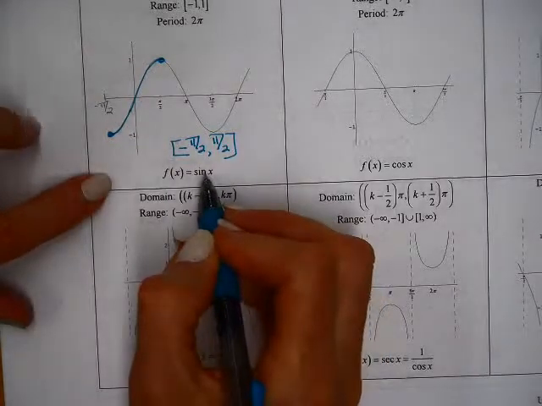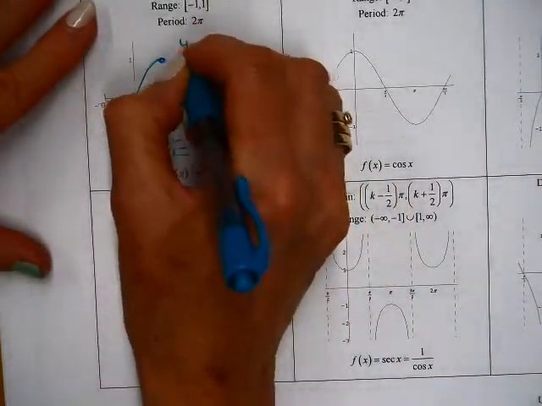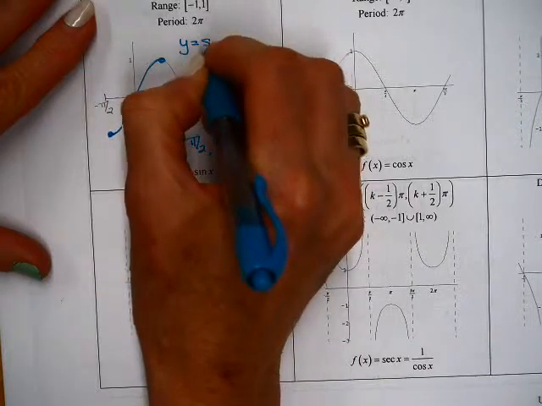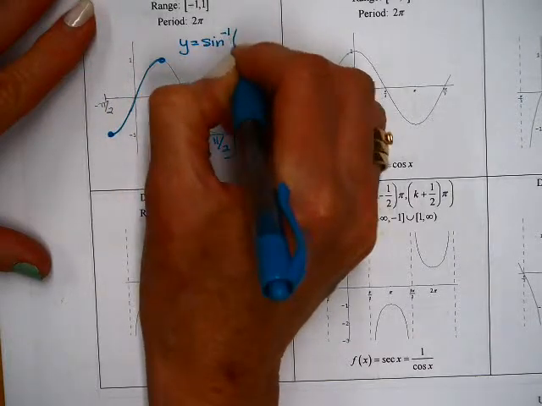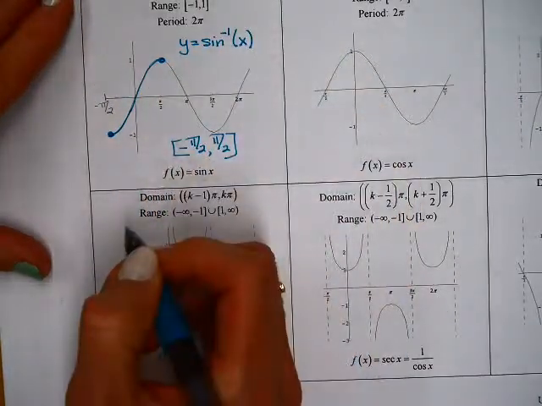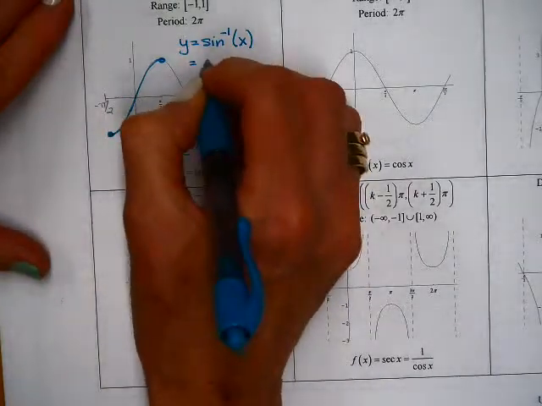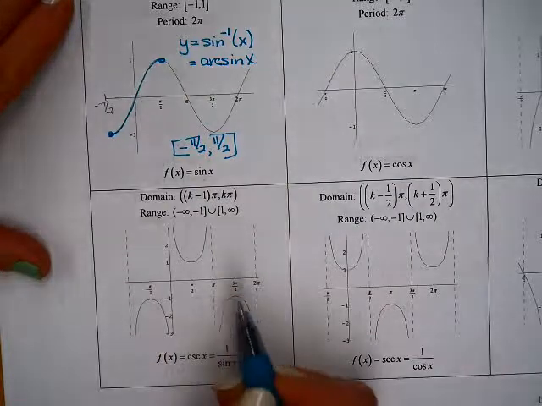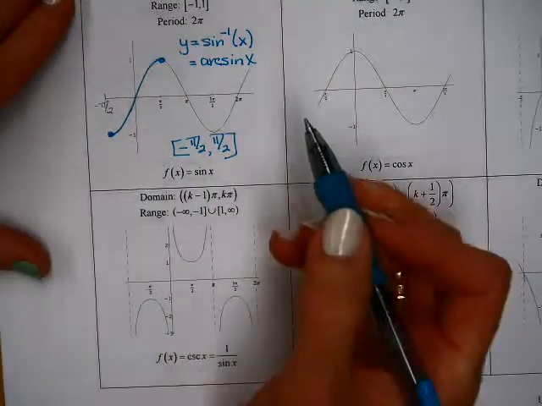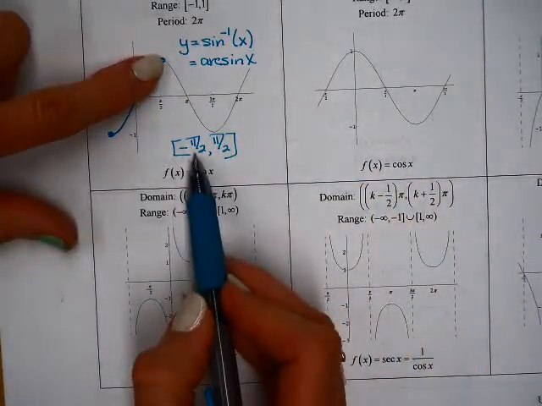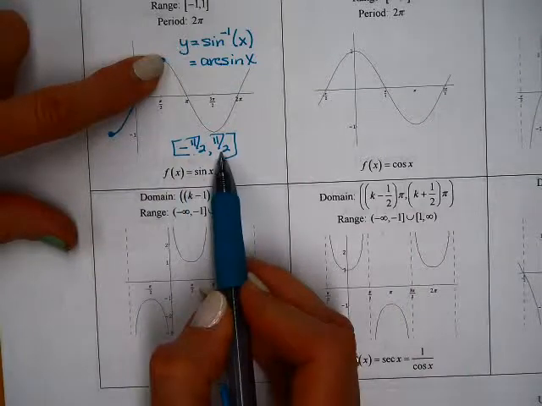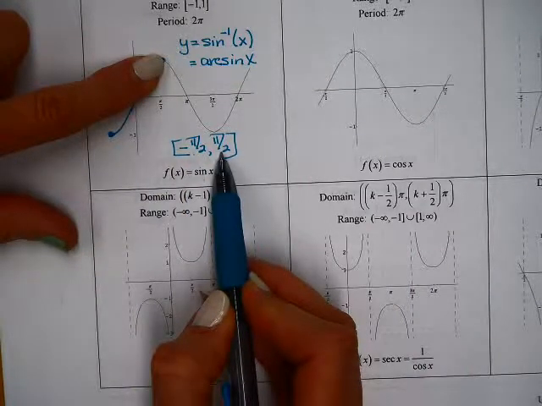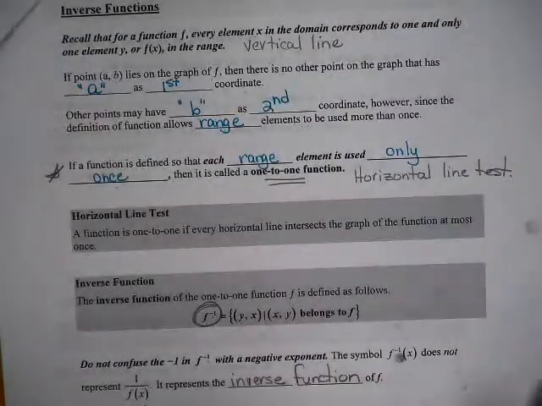And if this piece has an inverse, it is going to be the inverse sine of x with a little -1, or it is going to be called the arc sine of x. And any angle that you look for is going to have to be between negative pi over 2 and positive pi over 2. Now let me try to explain to you what that means.